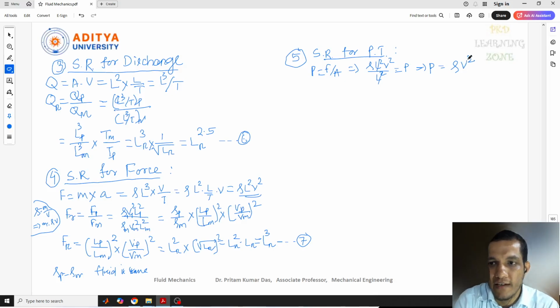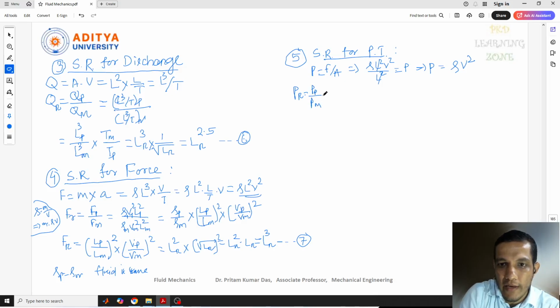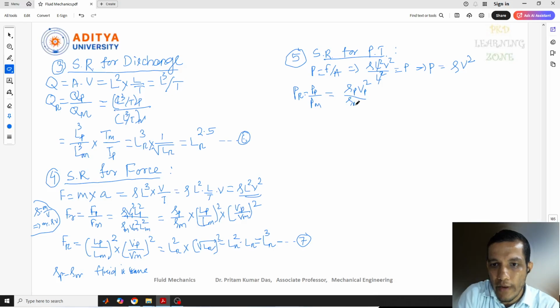So this is pressure again, but we require a pressure ratio. So I'll just write pressure ratio, that is PR. So PR equals PP divided by PM. Similarly we can write rho P and VP square, and similarly here rho M and VM square.